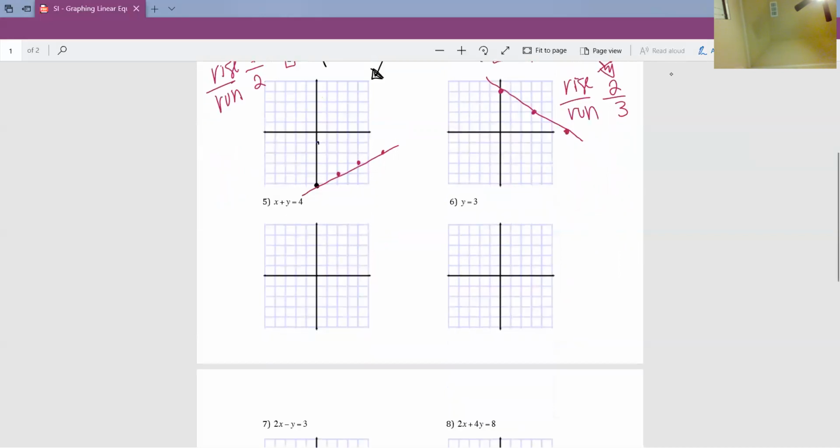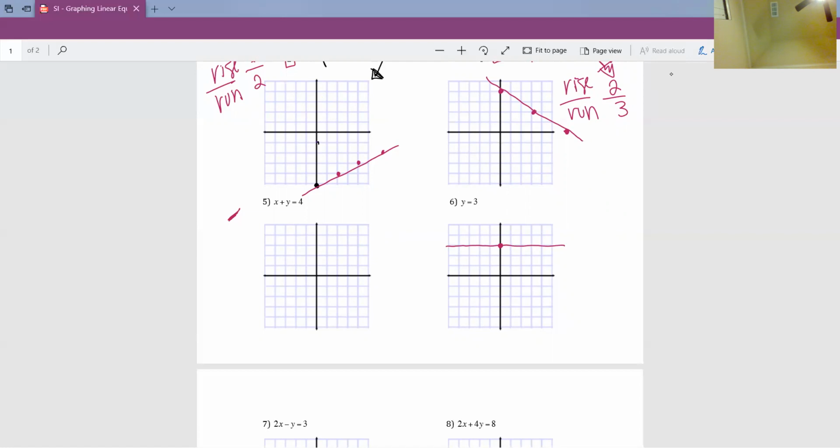Okay, so here we are. This one we'll actually do next. Okay, so we have y equals 3. If it's y equals 3, where does your y equal 3? 1, 2, 3. And it's just going to be a horizontal line.